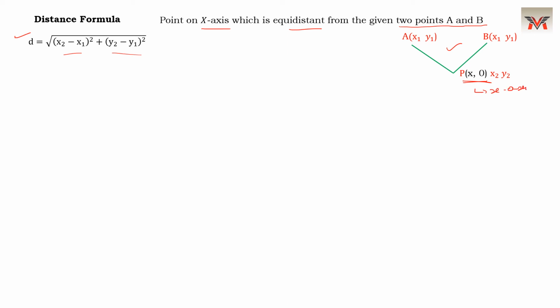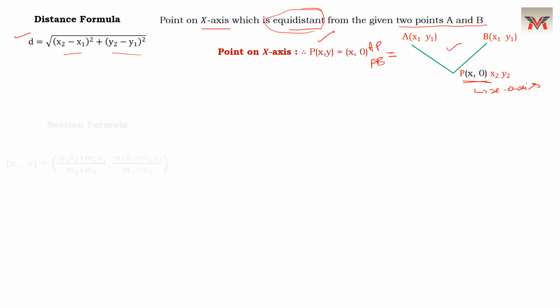Therefore we can consider it as x comma 0, and we then apply the distance formula to find the distance of AP and PB, and we'll equate them as they have said that they are equidistant from each other. Okay.